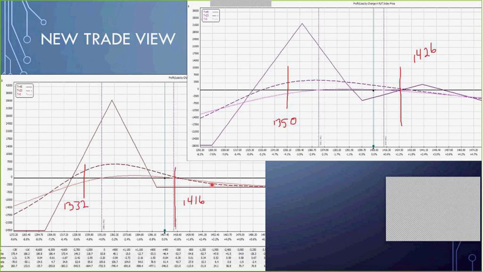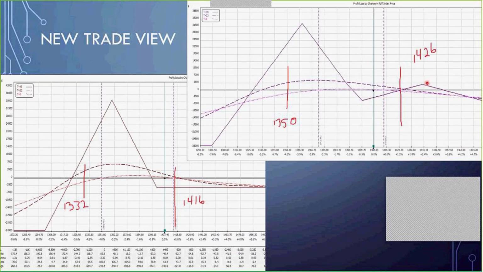But this was your original trade that we set up, and we wanted a 2-to-1, which was 1416, 1332. This all looks familiar. We'll say the market goes up, and you want to do something about that, and you need to skew your risk reward. So you can add a butterfly up here. Some people would call this an adjustment.